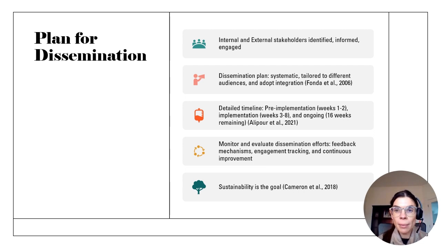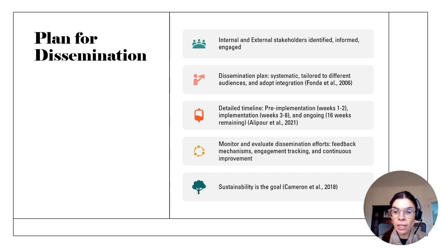An effective dissemination plan should be systemic and tailored to different audiences to design and facilitate the adoption and integration of the program in daily practice. Creating a detailed timeline will help the project to stay on track. And we broke the project down into 3 phases.